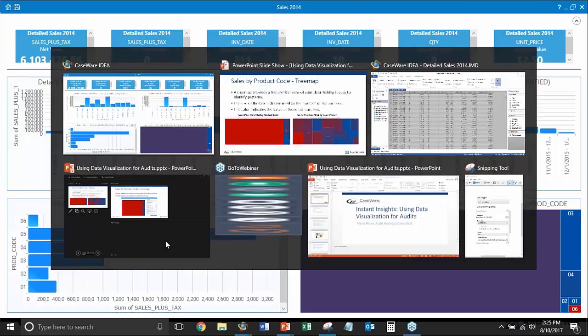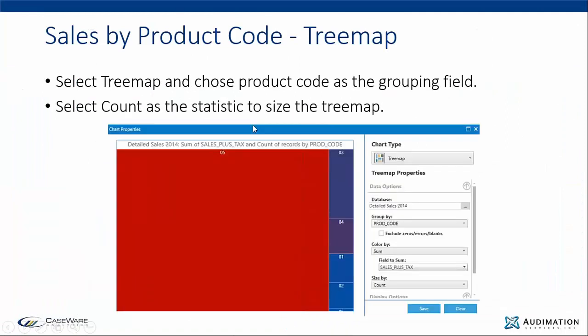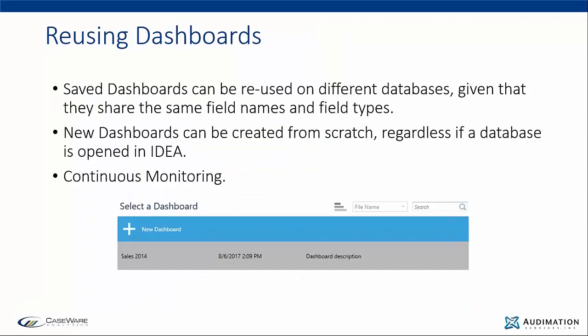So let me just go back to the slide over here. So here I'm talking about reusing dashboards. And refreshable dashboards, when you think about it, the fact that you can take something that you've already made and leverage it for another period's information, you're maintaining consistency.